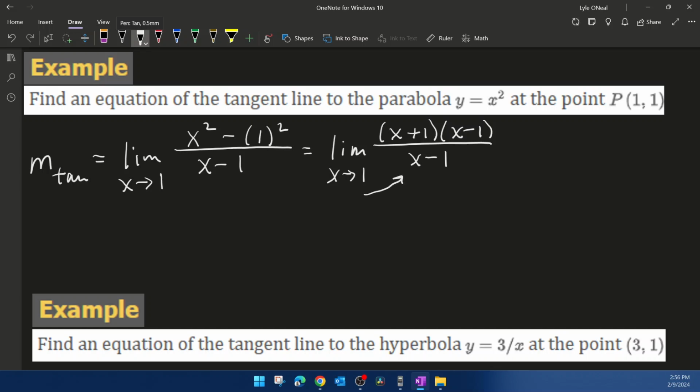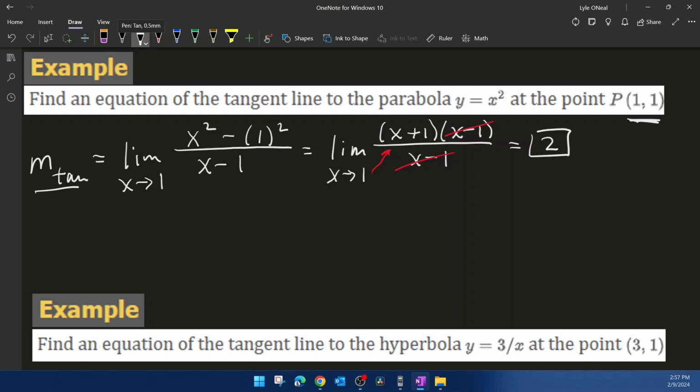Before, if we wanted to calculate this limit at this step with direct substitution, we would have an undefined situation. But now that we have the numerator factored, we can eliminate the undefined situation and then calculate the limit with evaluation. Evaluating x plus 1 at 1, 1 plus 1 is 2. Now what is this? This is the slope of the tangent.